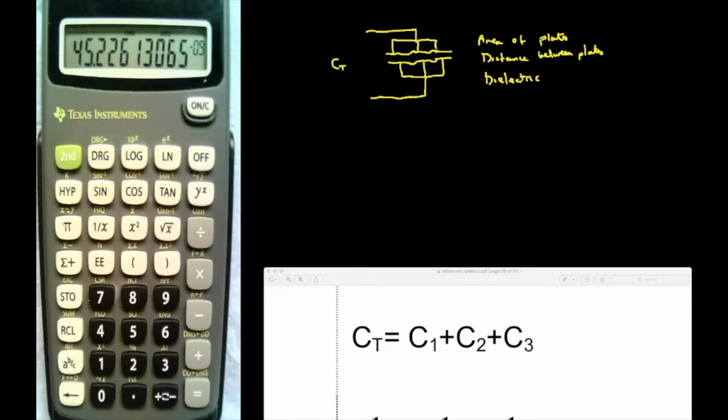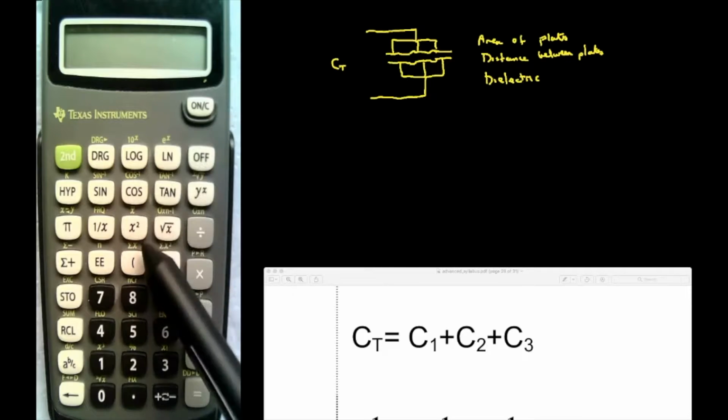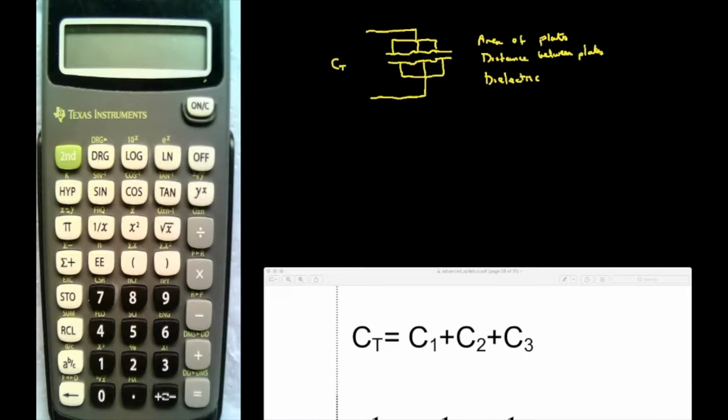This is a bit like resistors in series. We can just put the values in and add them up. And by now we should be getting fairly used to using the engineering notation, and you may well have to use the engineering button on the calculator, if you get values of nanofarads and picofarads, etc., and that'll take the strain.